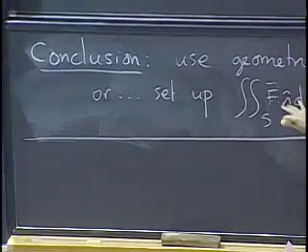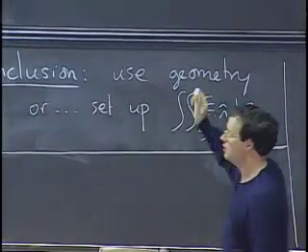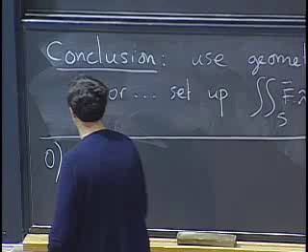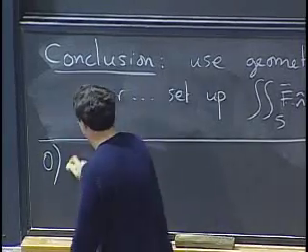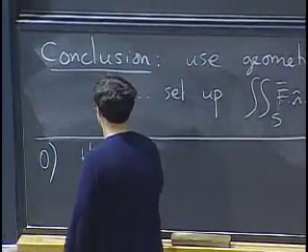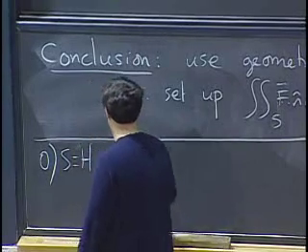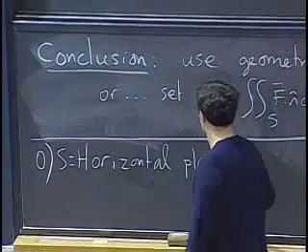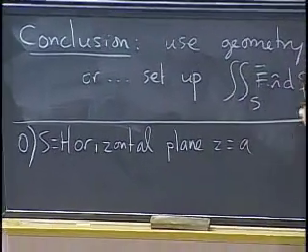So we're going to see various situations where we can do things. Well, let's start with an easy one. Let's call that number 0, actually. Say that my surface S is a horizontal plane, so say z equals a.